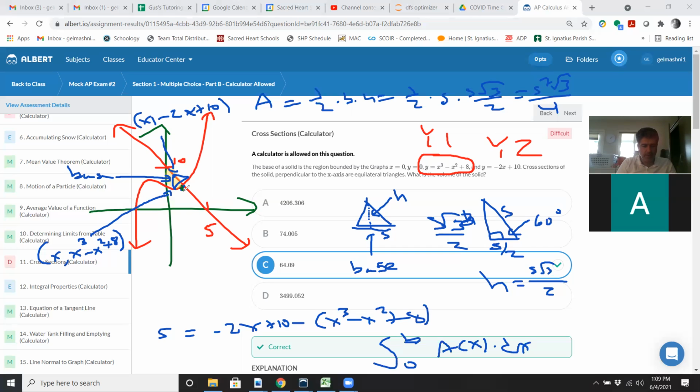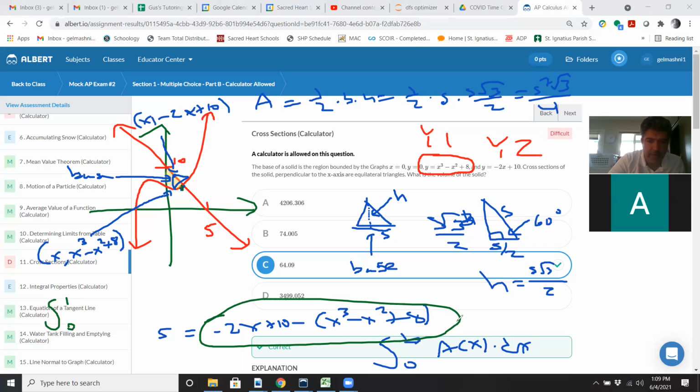So we'll see where they intersect. 1, 2, 3. So it intersects at, oh, okay, 1. That's nice. So it's going from 0 to 1. And your area in terms of x is going to be s squared root 3 over 4. So I'll put root 3 over 4 off to the left here.